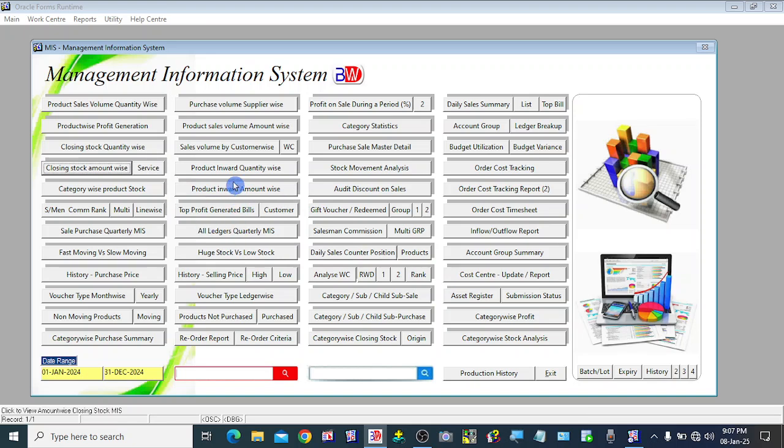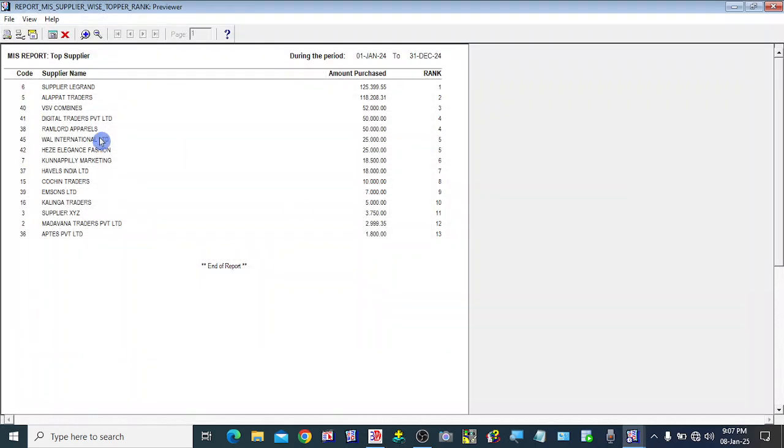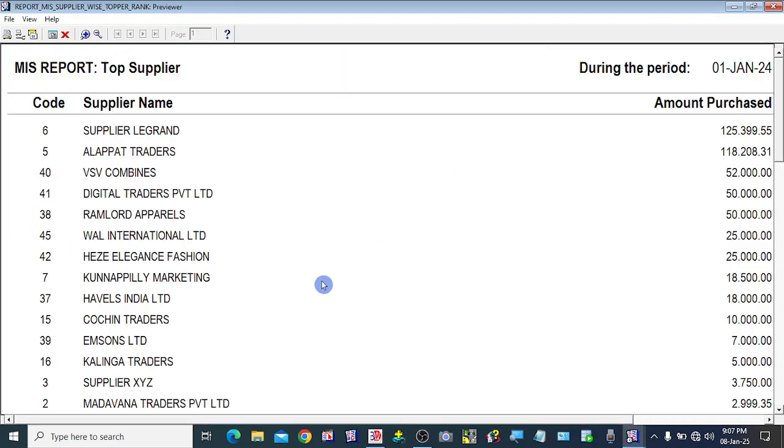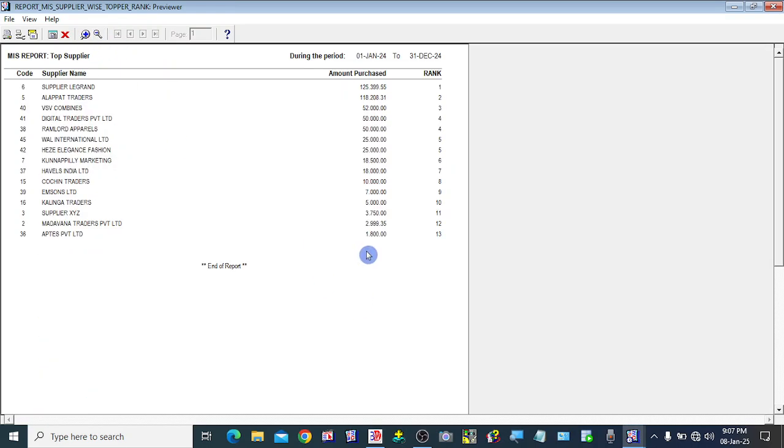That report we can generate by clicking this purchase volume supplier wise. Here we can see during the date range 1st January 2024 to 31st December 2024, we have purchased several products from different suppliers.